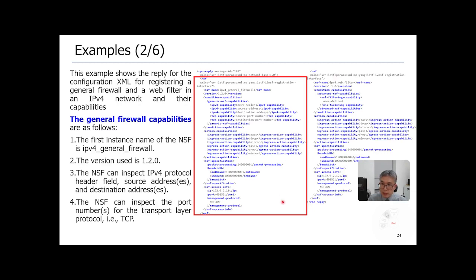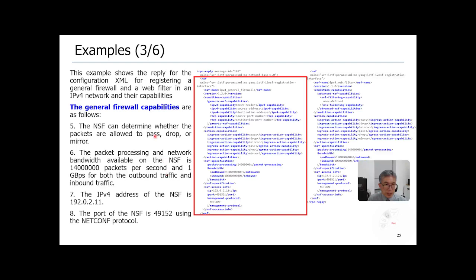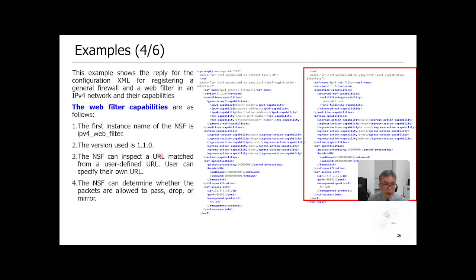So we have two things: the general firewall capability, and also we can specify the IP address, access information, and port number. The managed protocol used is NETCONF. Second is the NSF capability of the web filter, URL filters.